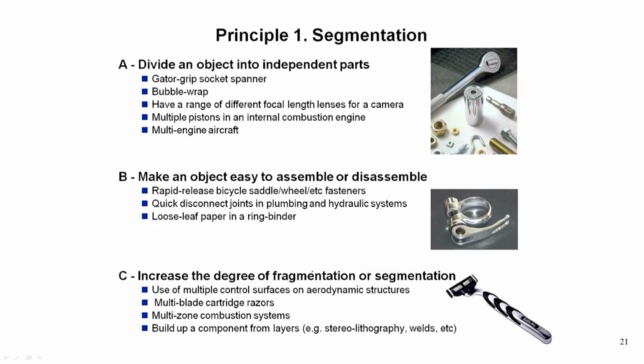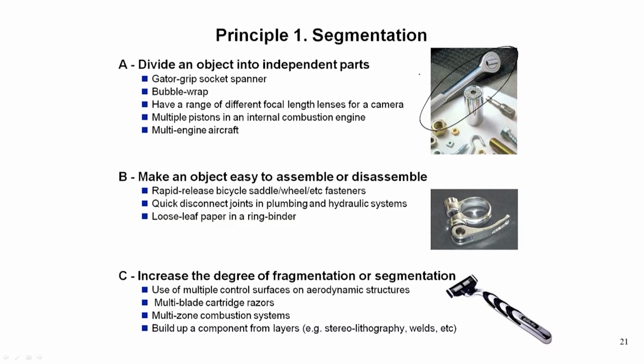Principle 1 is that of segmentation, and segmentation talks about dividing an object into independent parts. You look at a good spanner, you will see that it has been thought exactly in this way. There are many independent parts of it.